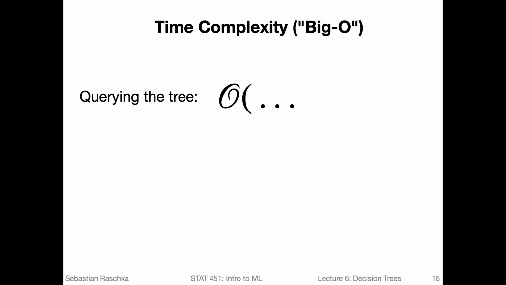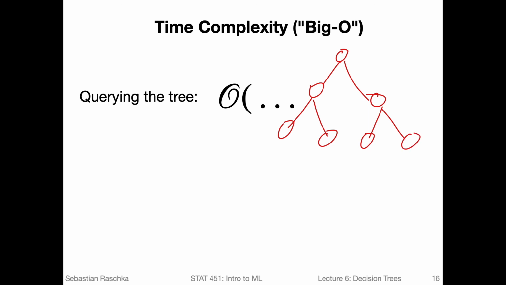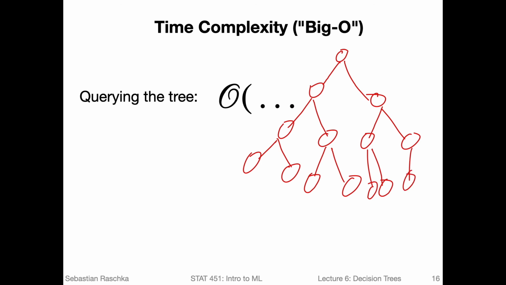Now, to finish up the video on a simpler note, let's look at the querying of the tree. So again, if we have a tree like this, we know that the depth of the tree is log 2 n, right?